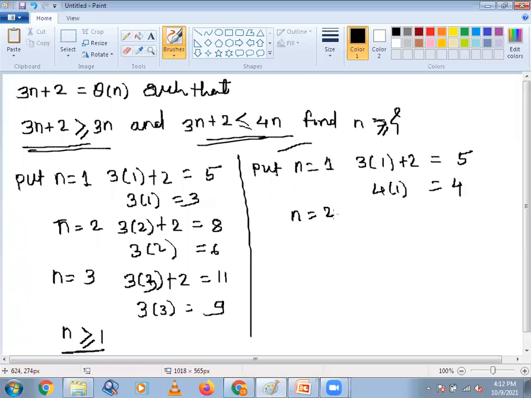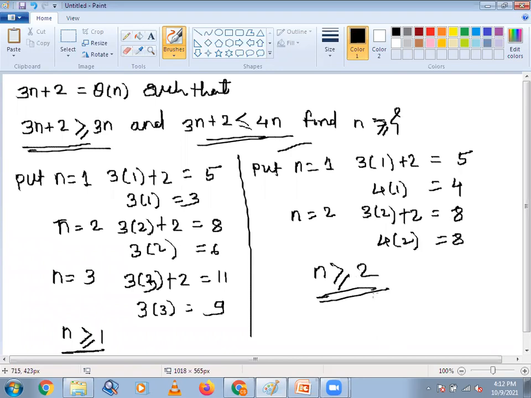Then n is equal to 2: 3 into 2 plus 2 is 8, and 4 into 2 is 8. So this equation is always satisfied for n greater than or equal to 2. Take the common value of n. Here n is greater than or equal to 1, here n is greater than or equal to 2. So both equations are satisfied for all values of n greater than or equal to 2.